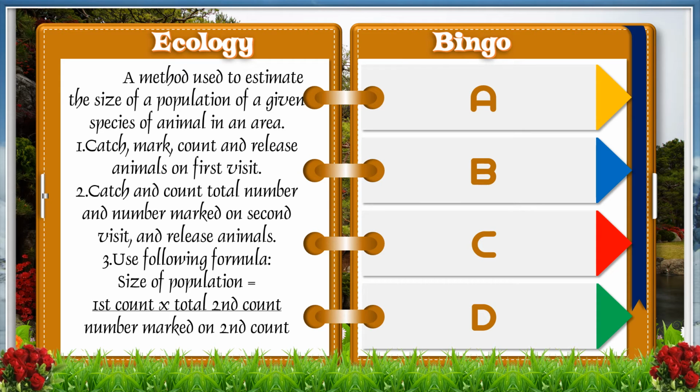Use the following formula. Size of population equals the first count times the total second count over the number marked on the second count.